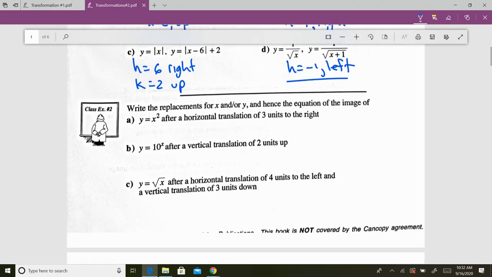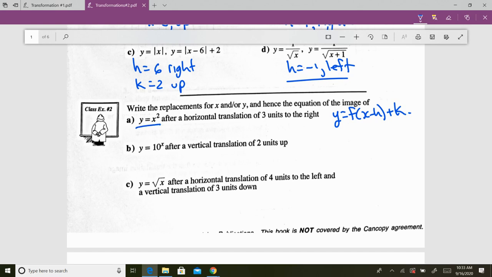Okay. All right. So when they ask you to give the new equation of the image, basically saying, after you do the transformation or the translation, what is the new equation? Now, remember, this is our basic equation. You're trying to figure out what h and k are.